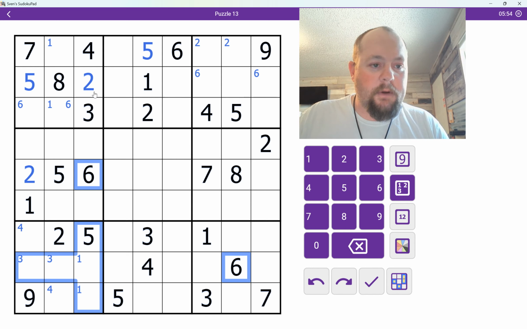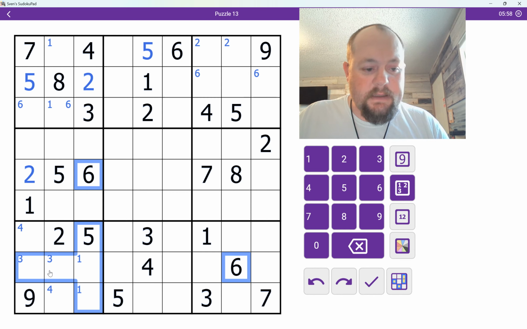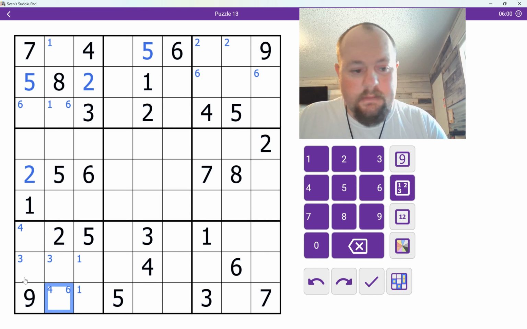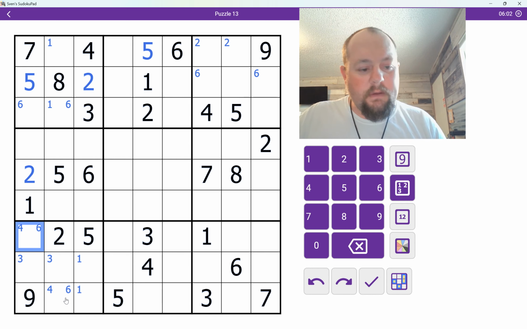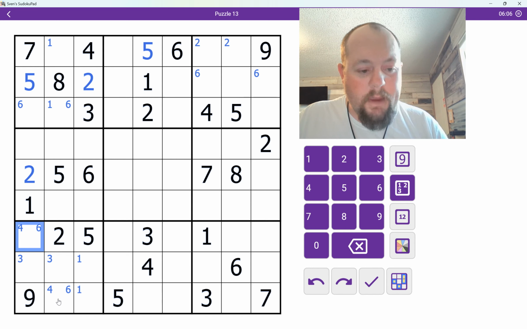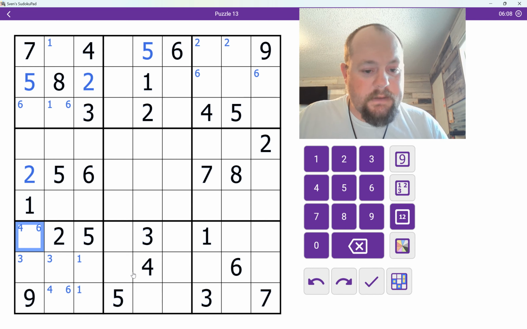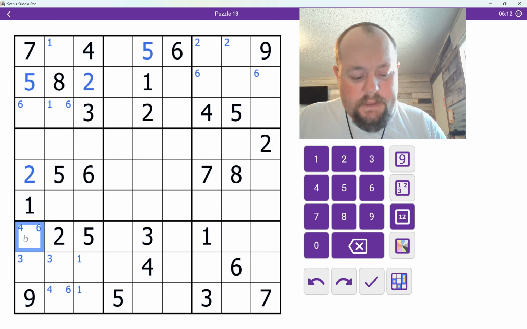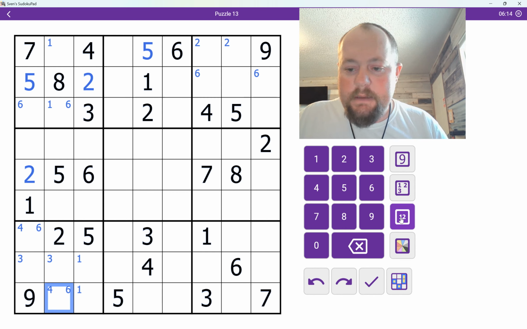Now we come across something new that I noticed. When we see this 6, we pencil mark a 6 here and a 6 here. Well, we had 4s in the same cells. So now we have a pair, a 4-6 pair. Now that we saw the 4-6 corner pencil marks, let's select the center pencil marks, and I'll show you.